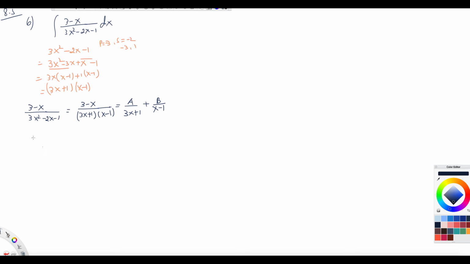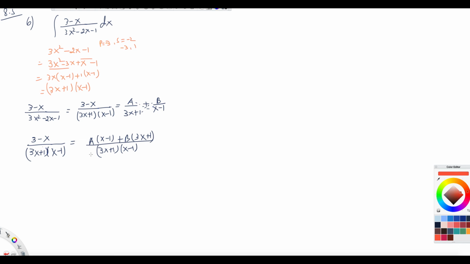So I'm going to copy that: (3 − x) over (3x + 1)(x − 1) equals, and you write the same denominator, (3x + 1)(x − 1). Then it's just cross multiplication: A times (x − 1) plus B times (3x + 1).